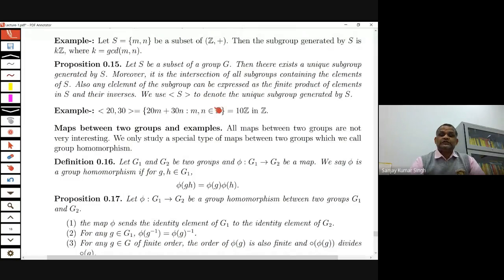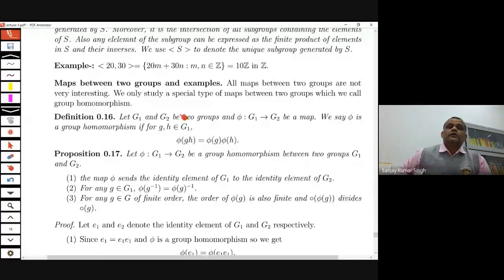And we generally use this notation, which means the smallest subgroup generated by S. In this example, what is the smallest subgroup generated by 20 and 30? It will be of this type, all elements of this form are in this set, and you can also check that it is a subgroup.